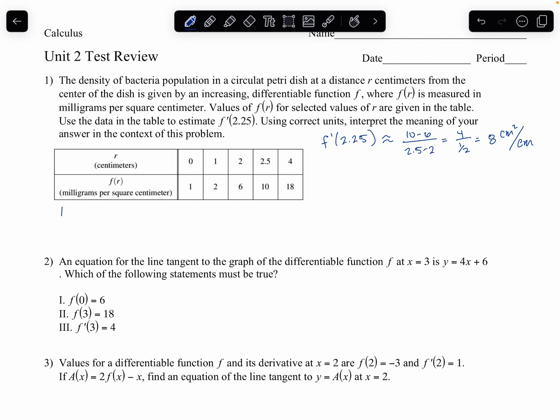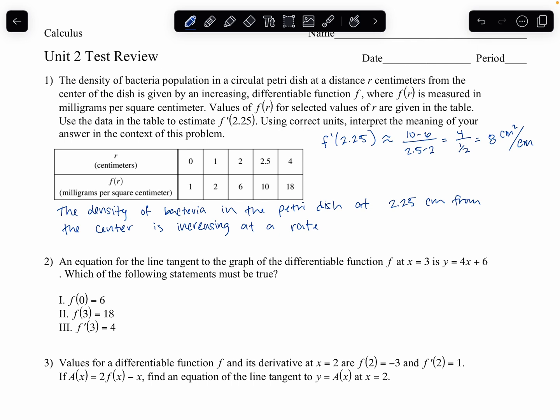But you can say the density of bacteria in the petri dish at, we'll say, 2.25 centimeters from the center is increasing at a rate of 8 per square centimeter for every centimeter. And that should be good.